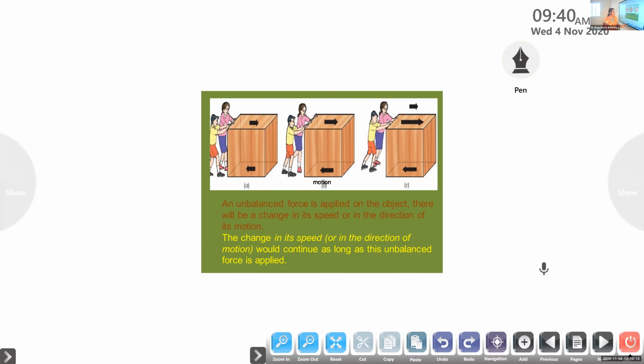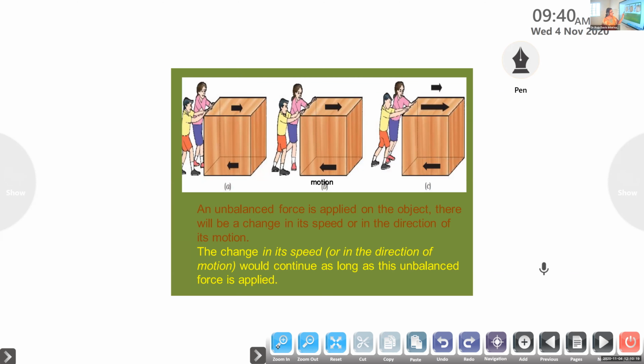And as you see here, when the body starts to move, the force acting in the opposite direction must be overcome. Just like these two boys, they are pushing. If you look at the first picture, these arrows are indicating the direction of the force applied.